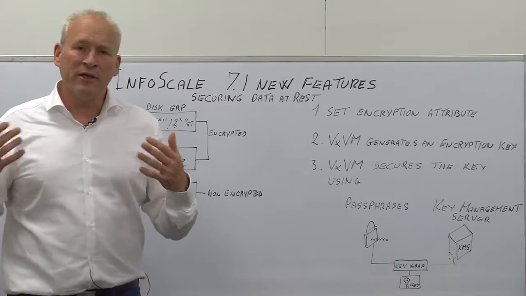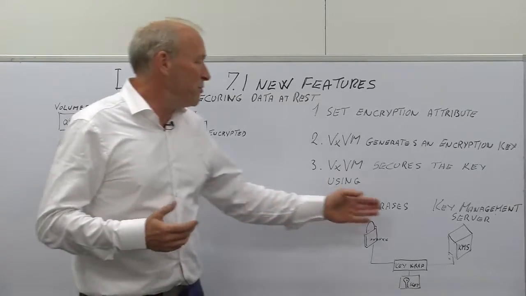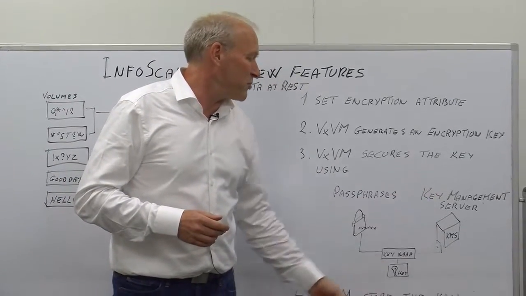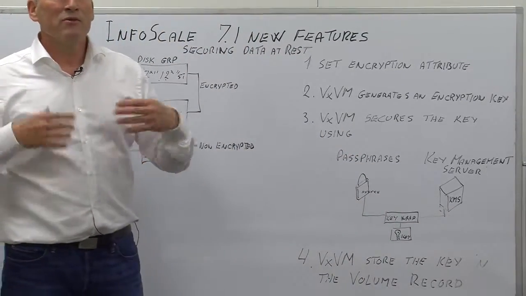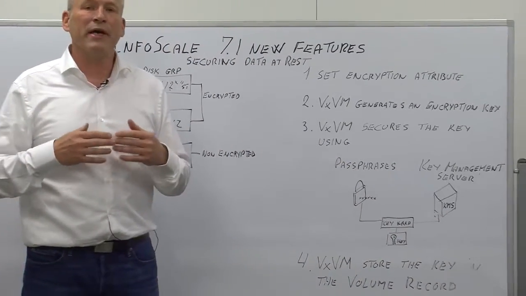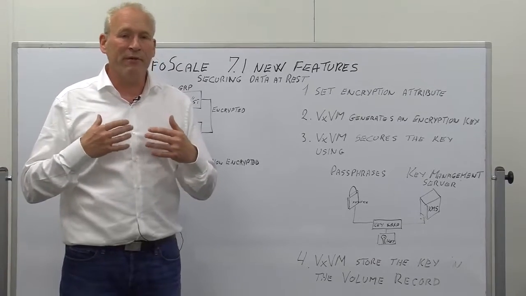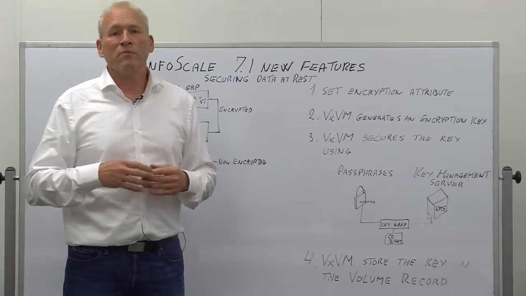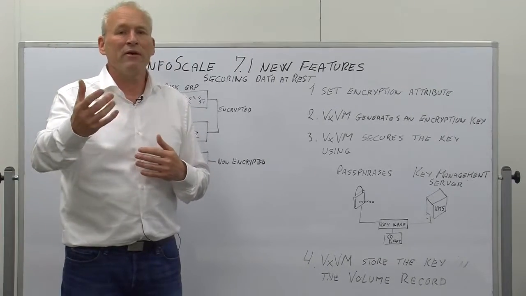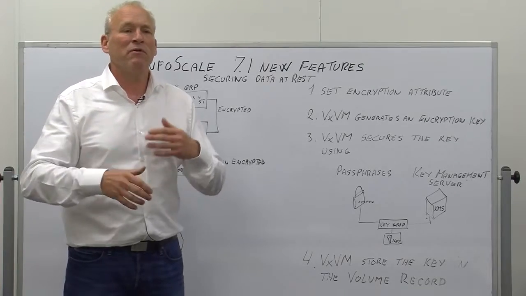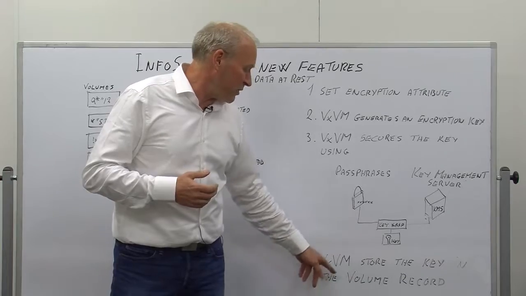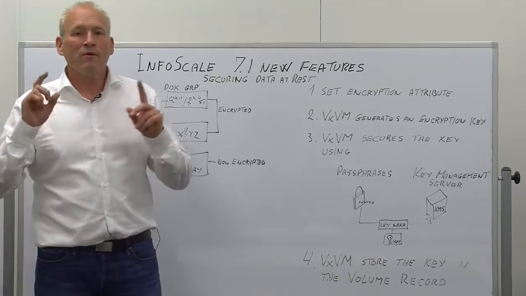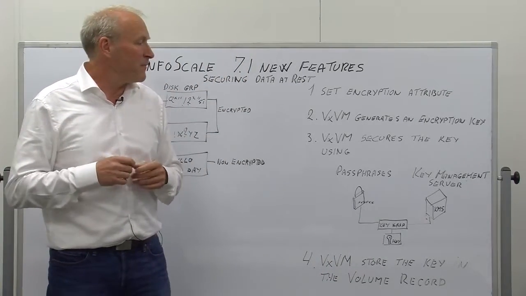In a larger enterprise environment, you will use the key management server, also called KMS, and we're using a protocol there to handshake with VxVM when we do a boot. So VxVM will go out and request the key from the key management server, and we'll use it to synchronize it with the volume record, where it has the key set.